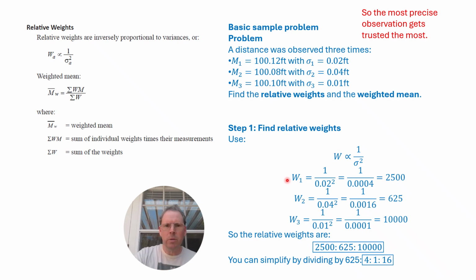For the first one, you put in its standard deviation, and for the second one, you square the deviation, and for the third measurement, you put it in. So the relative weights are 2,500 to 625 to 10,000. And if you divide by 625, it's 4 to 1 to 16.